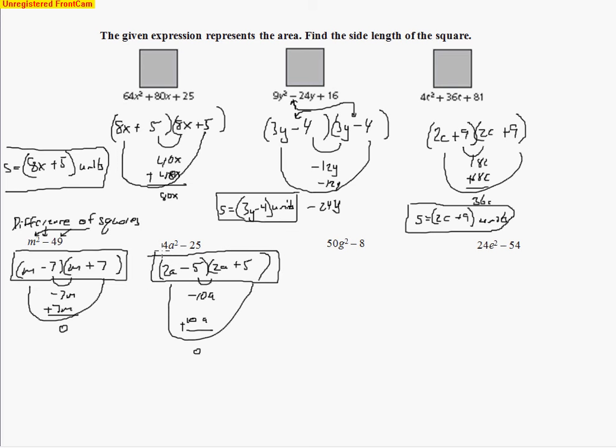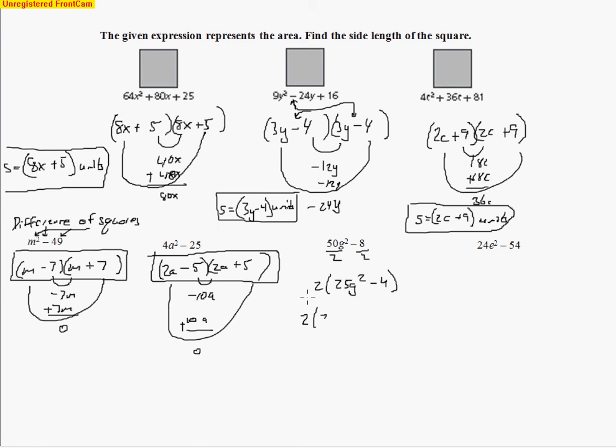Now sometimes you won't see perfect squares. So if you have a binomial that doesn't have perfect squares, see if there's a common factor. I see 2 goes into both 50 and 8. So I'll pull the 2 on the outside and see what's left over. I've got 25g squared minus 4. Now both are perfect squares, so that tells me I can factor it.